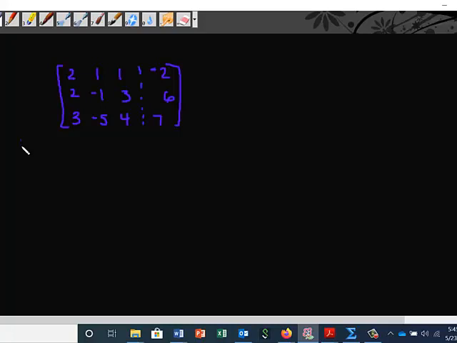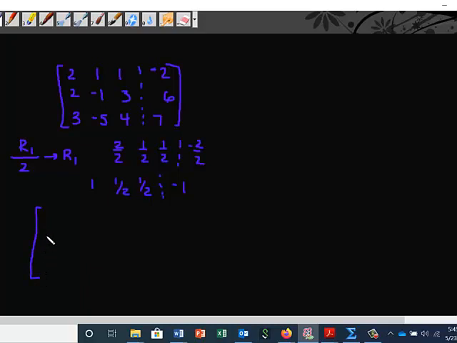So we want to divide row 1 by 2 to get the new row 1. And so when we do that, showing my work, we get 1, 1/2, 1/2, -2/2 would be -1. So that's our new row 1.